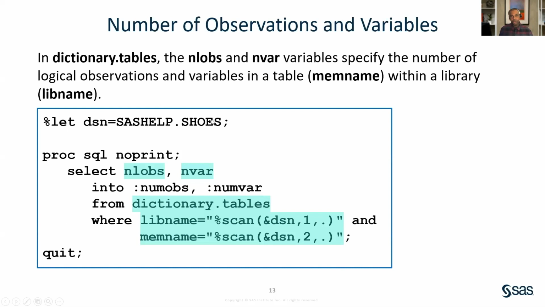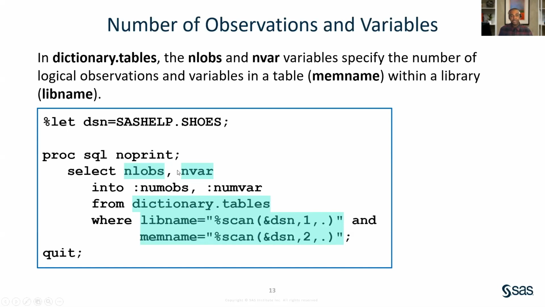So as we give this a try, I want to filter down just for the sashelp.shoes table. I use PROC SQL noprint because I don't want to create a report. I'm actually creating two macro variables, and I'm storing the number of observations and the number of variables respectively in the macro variables numobs and numvar with the INTO clause that we talked about previously.